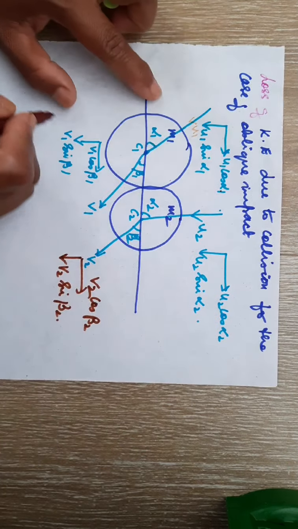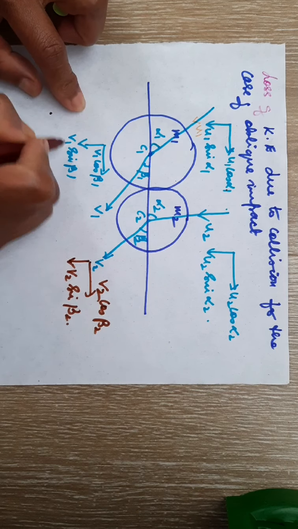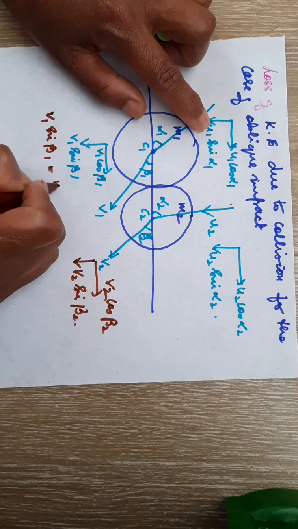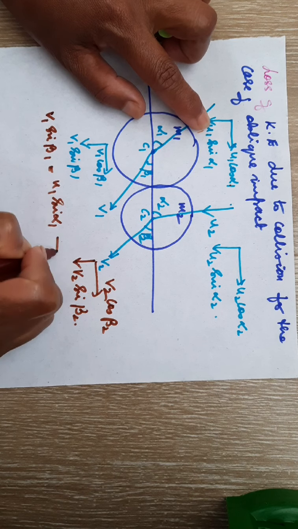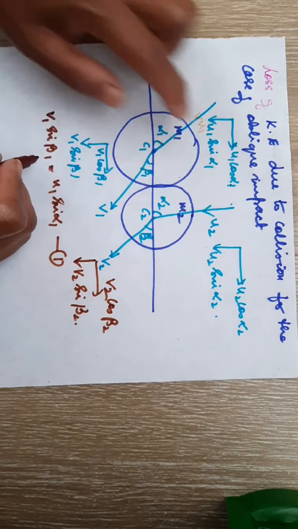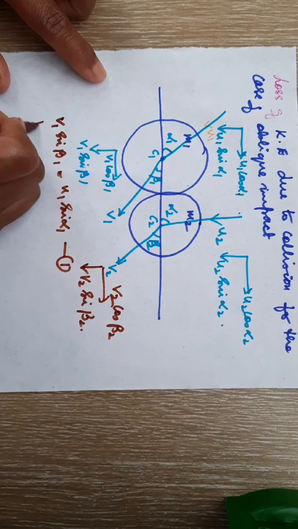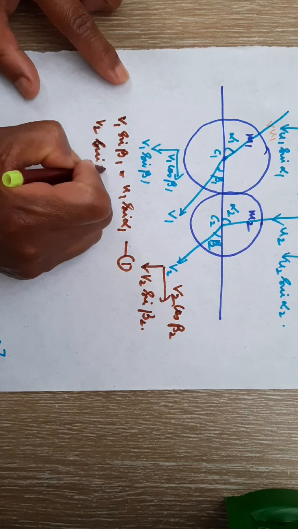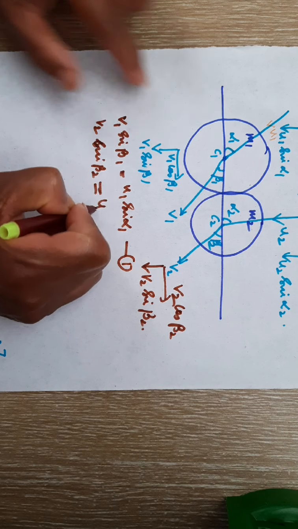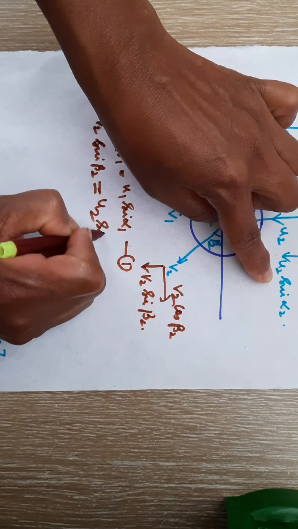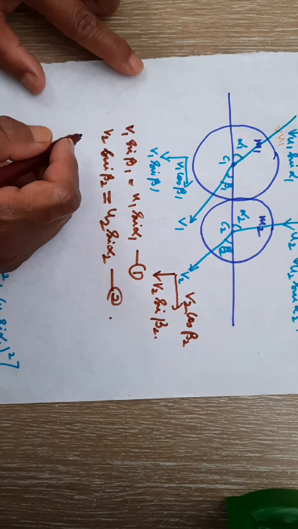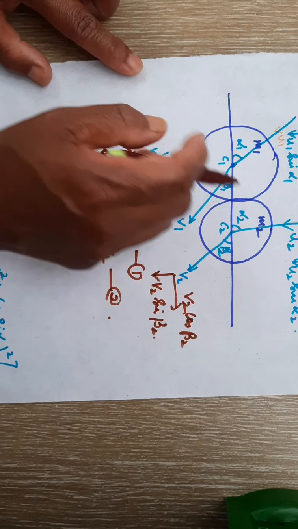So v1 sin beta 1 will be equal to u1 sin alpha 1. We can name it as equation 1. Next, v2 sin beta 2 will be equal to u2 sin alpha 2. This is equation 2.